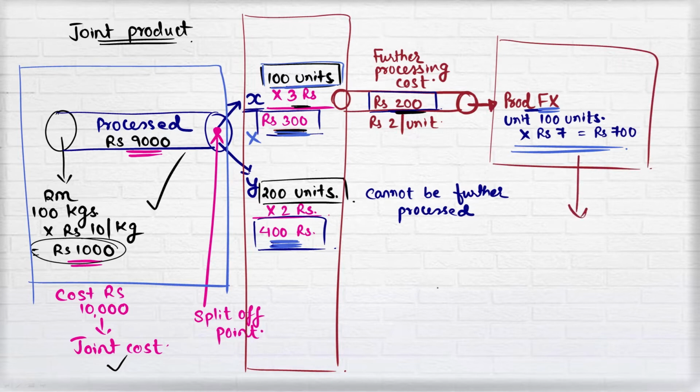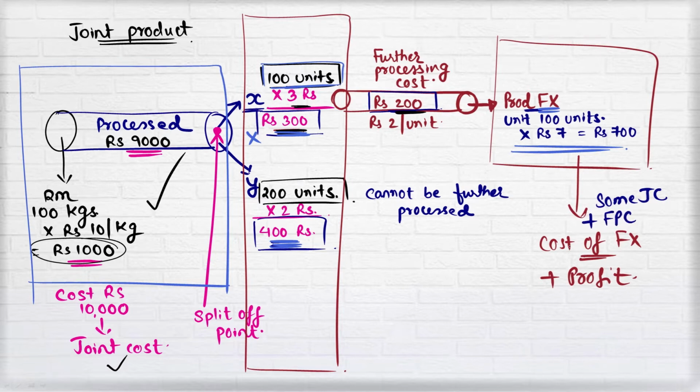This selling price of FX includes cost of FX plus some profit. Cost of FX includes some joint cost. I'm not saying total joint cost, but a portion of joint cost should be included in it, plus further processing cost will be included in cost of FX.